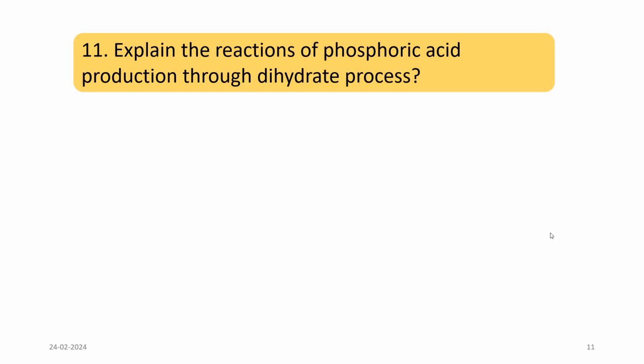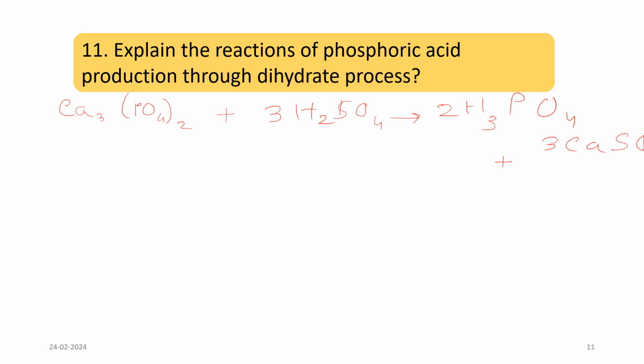So mainly the phosphate rock, which is the tricalcium phosphate, Ca3(PO4)2, reacts with 3 moles of sulfuric acid, produces 2 moles of phosphoric acid plus gypsum, that is calcium sulfate.